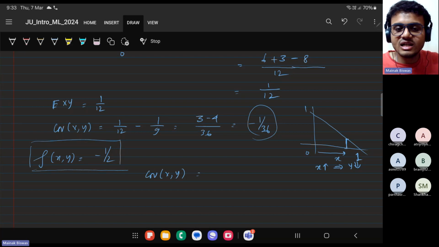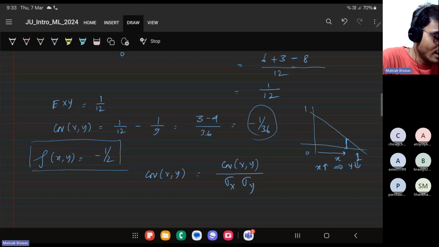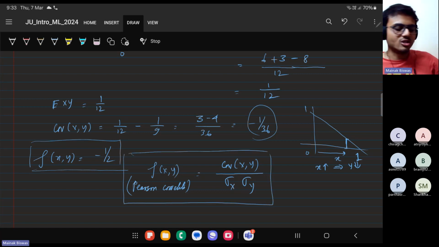But x and y can have different variances, right? To bring it to the same footing, we divide by the standard deviation of x and y, and we define this as the correlation, or the Pearson's correlation.